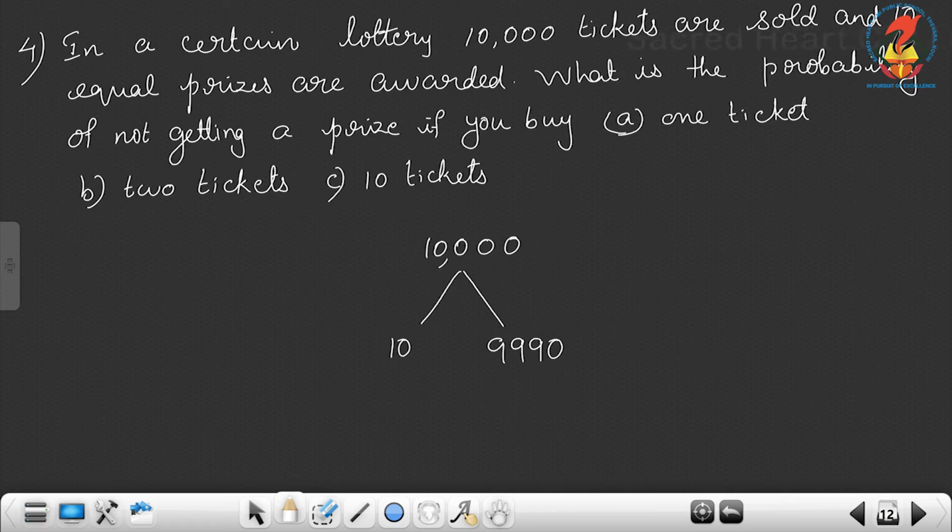In a certain lottery, 10,000 tickets are sold and 10 equal prizes are awarded. What is the probability of not getting a prize if you buy 1 ticket, 2 tickets and 10 tickets? Okay, total there are 10,000 tickets.